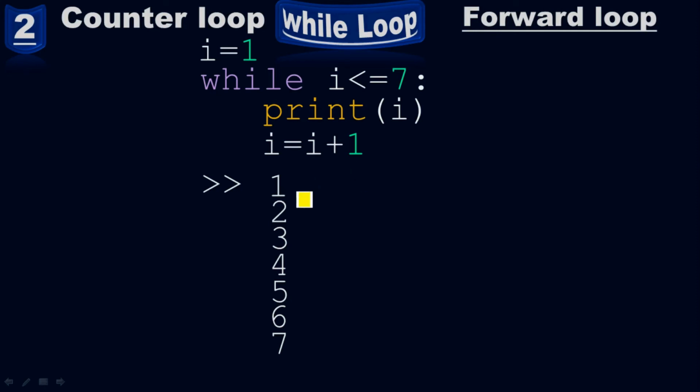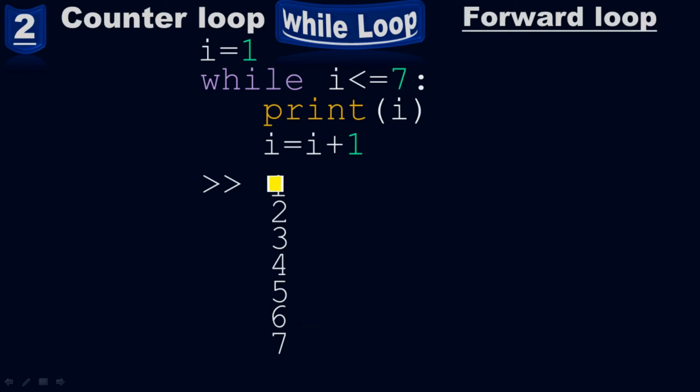We'll add 1 to the 1 to become 2, and then we'll execute again to add 1 to the 2 to become 3, and then one more time to add 1 to the 3 to become 4, and then one more time to add 1 to the 4 to become 5, and then again to add 1 to the 5 to become 6, and then one more time to add 1 to the 6 to become 7.